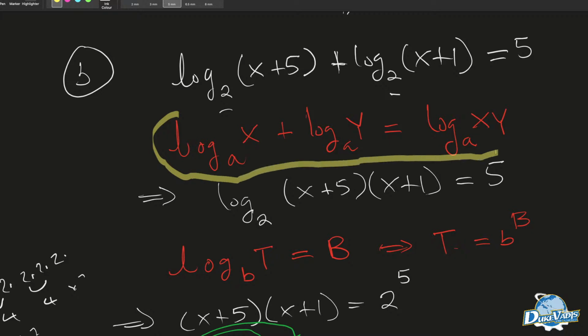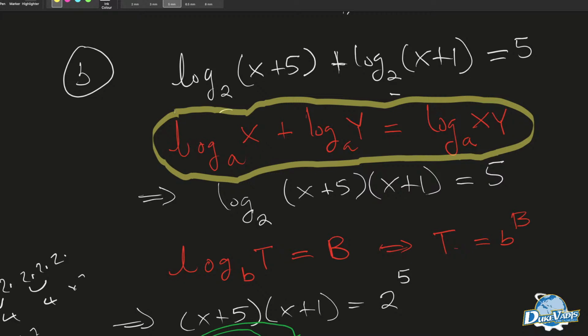This is the addition property of logarithm. So we apply this principle. Log to the base a of x plus log to the base a of y is similar to the equation given.